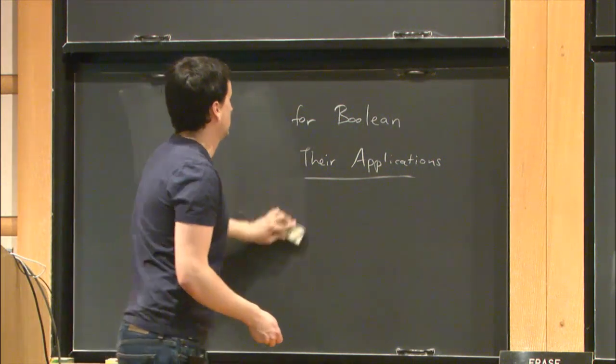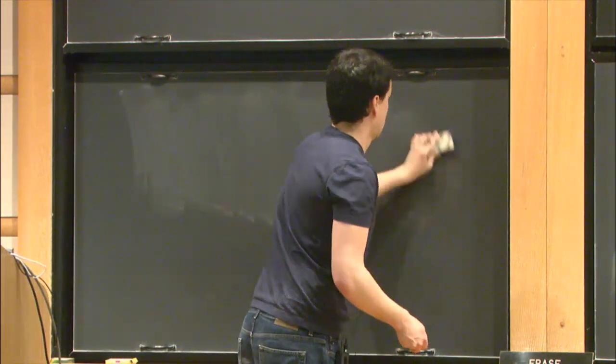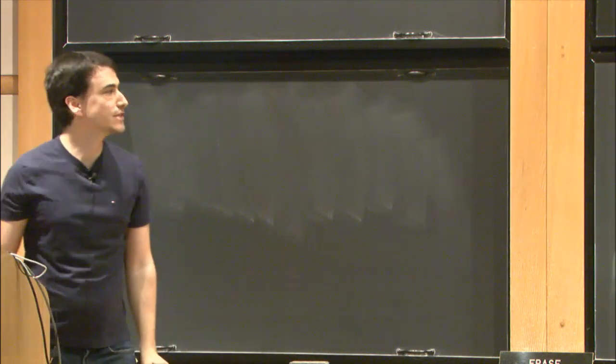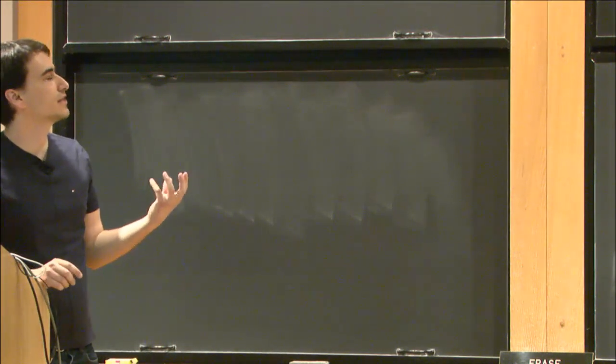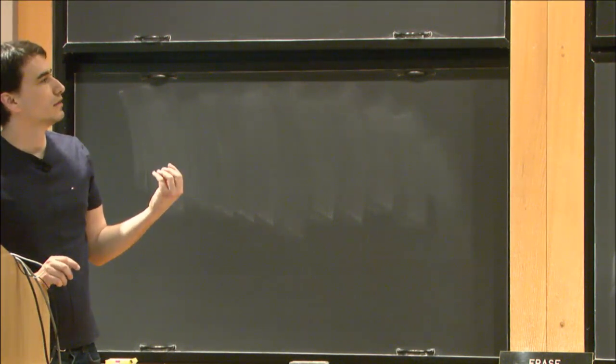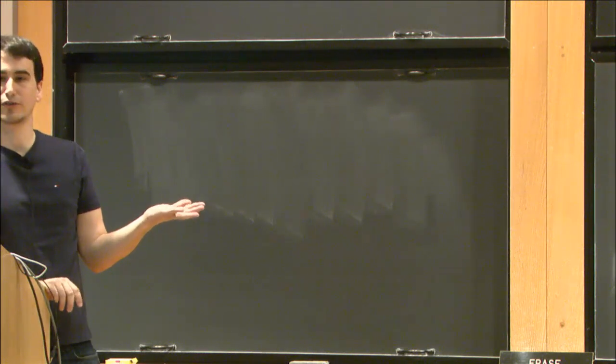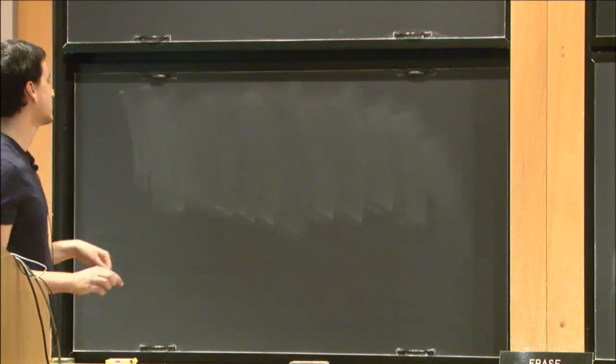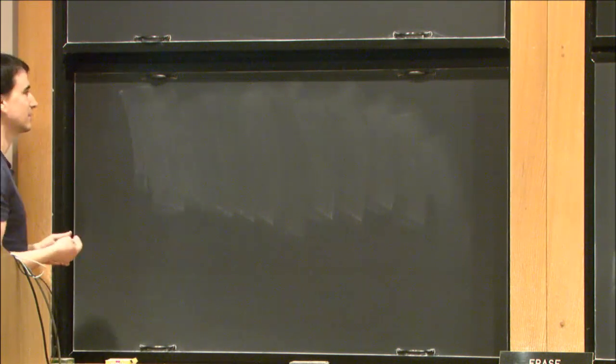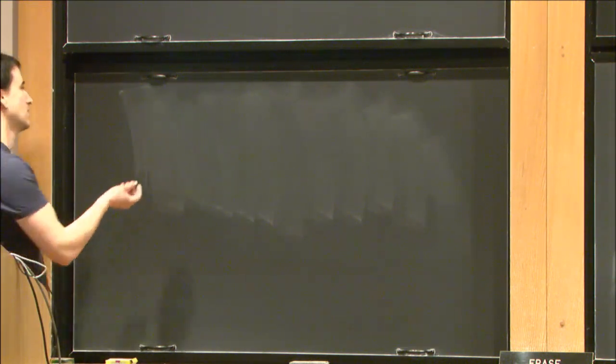So the first application that I want to mention is the fact that you can learn under a uniform distribution. This is again the result of Linial, Mansour and Nisan.